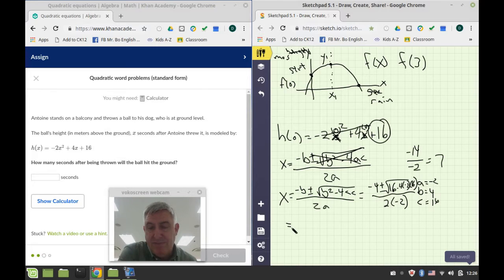So that gives me negative 4 plus or minus square root of, let's see, 16 times 6. These negatives cancel. So 16 times 6 is 96, plus 16 is 112.